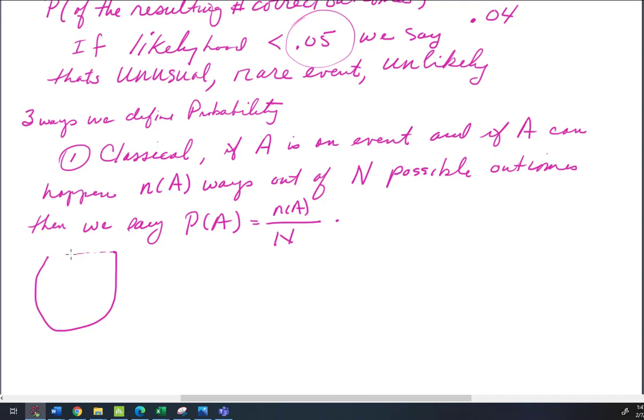This is my rendition of a jar. And inside it's got colored balls, and some of these are red. Okay, these are like marbles. And some are red, and some are blue.